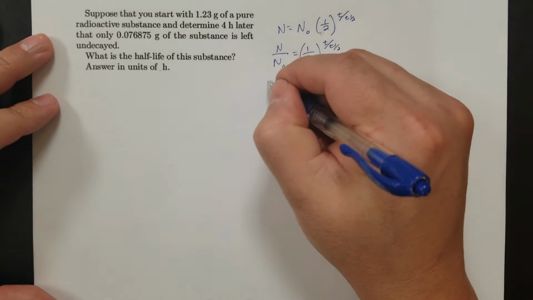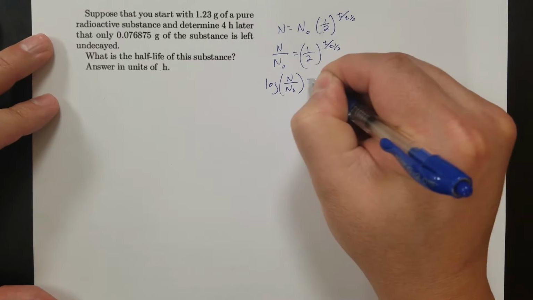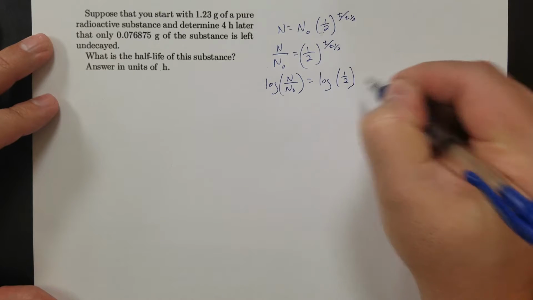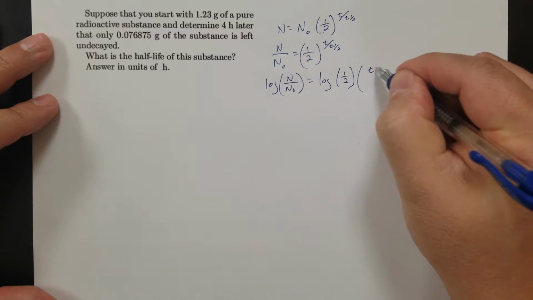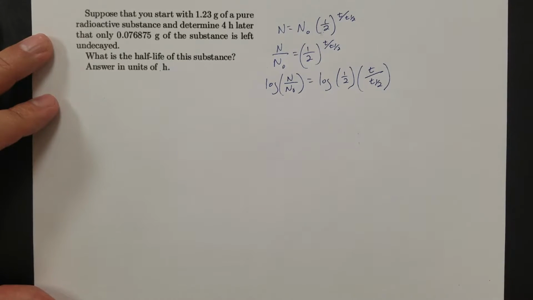So that's going to give me the log of N over N naught equals T over T half times the log of a half. Okay? And now I'm basically done, I just have to simplify this.